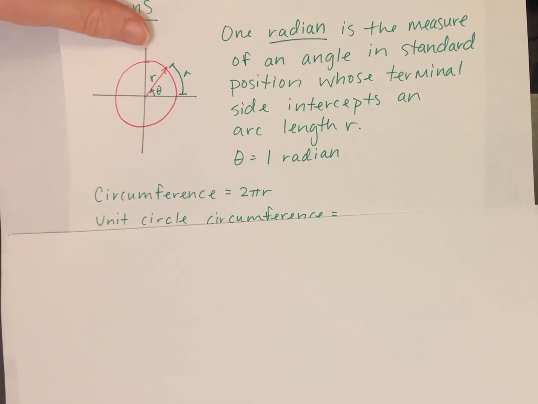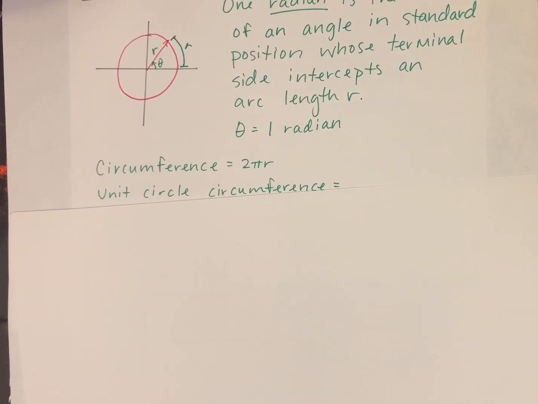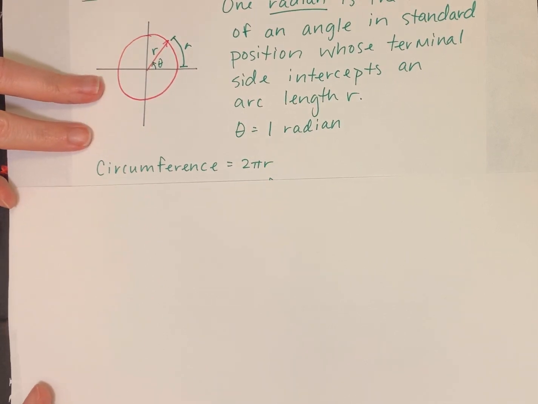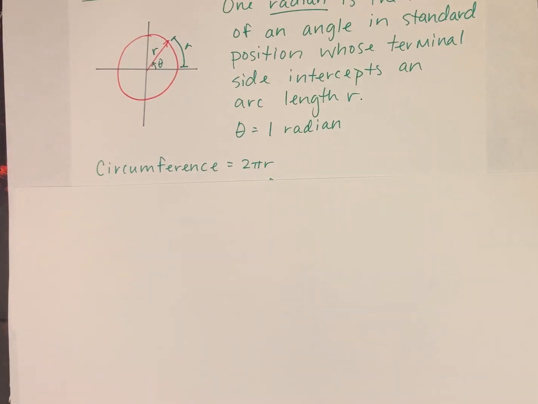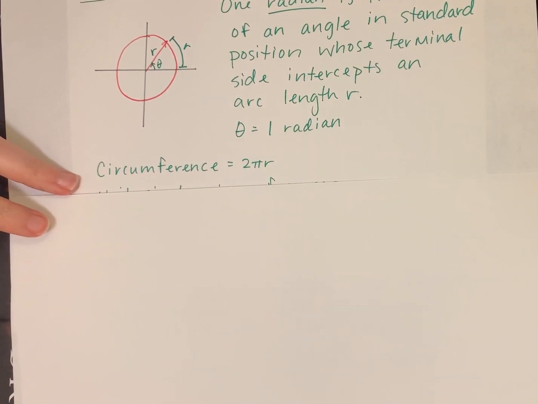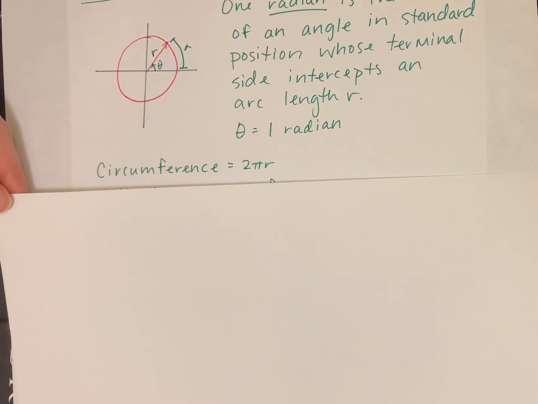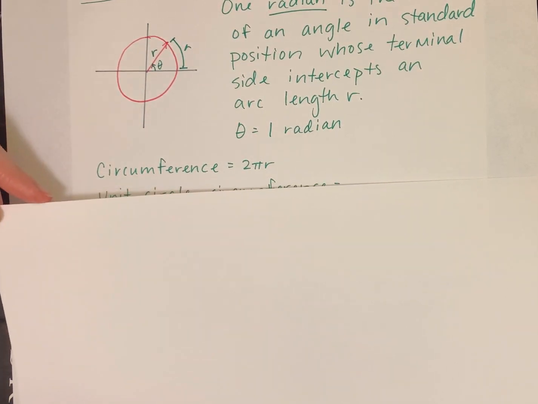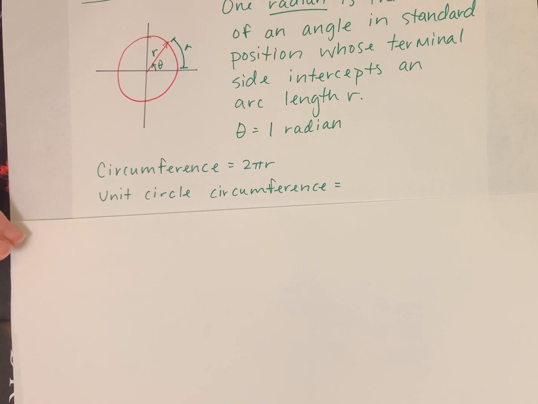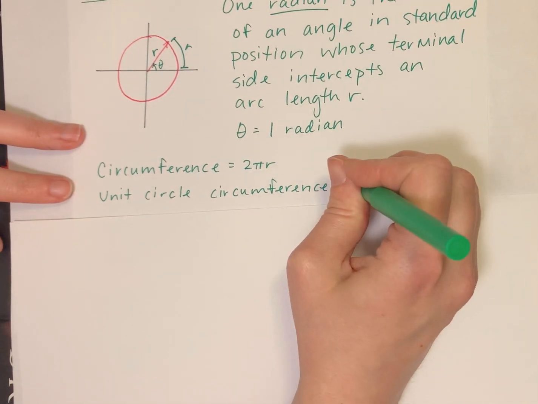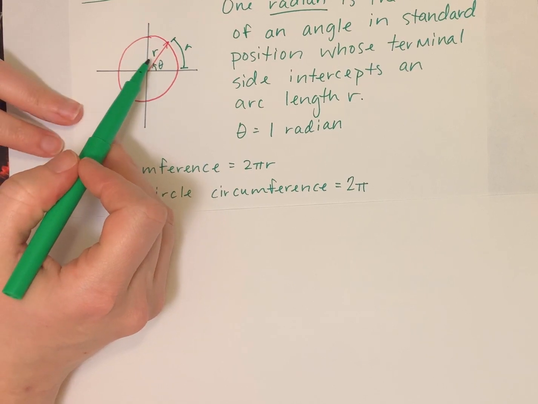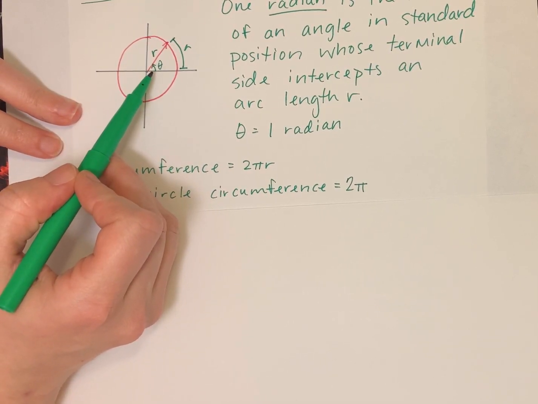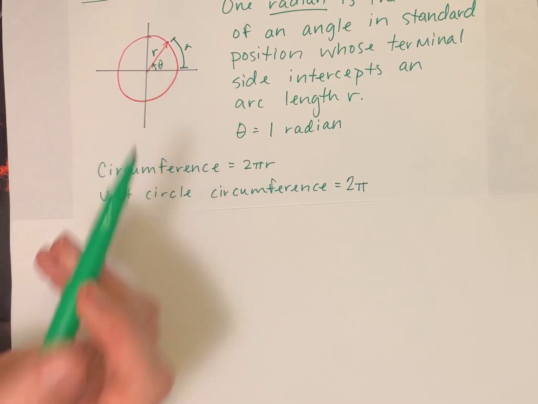All right, if we think about circles in general, the circumference, remember, is 2 pi r. The unit circle has a radius of 1. So the circumference of the unit circle is 2 pi. So if you go all the way around once, it is 2 pi.